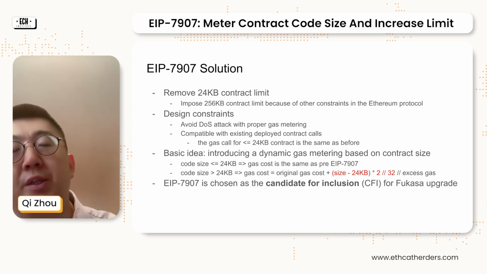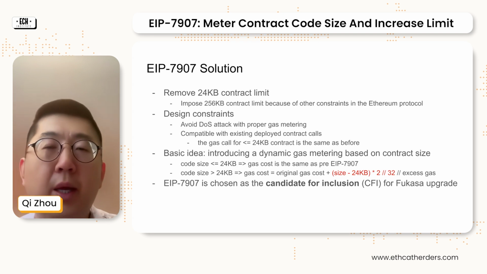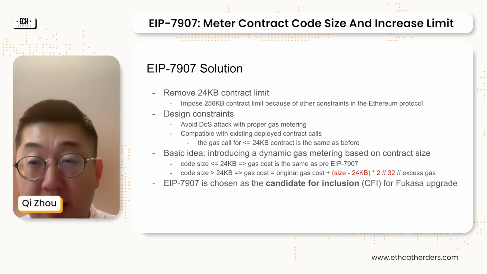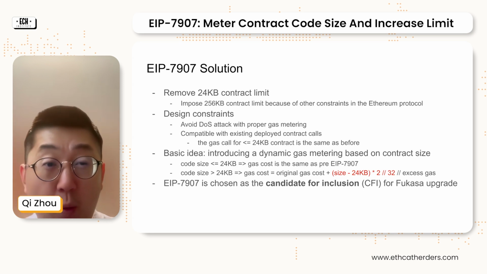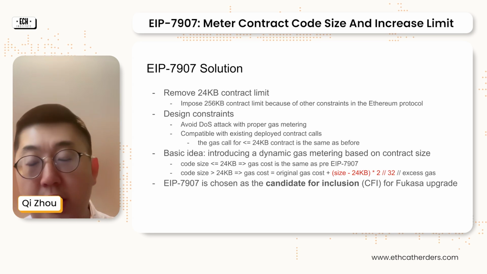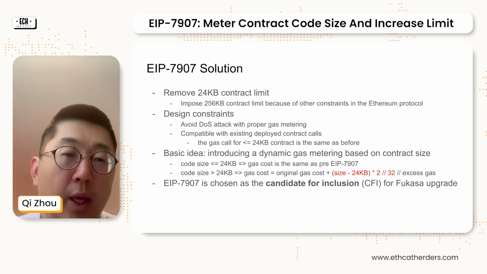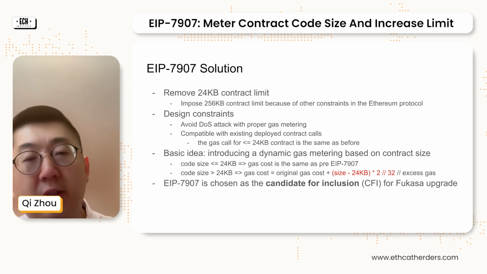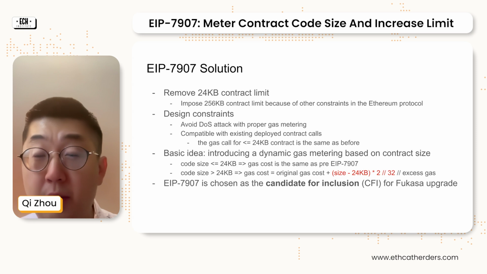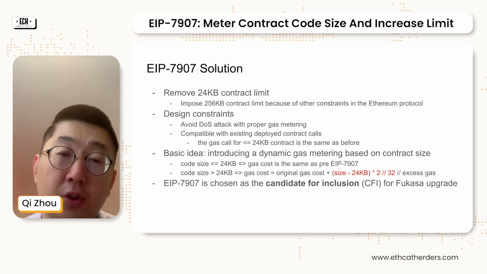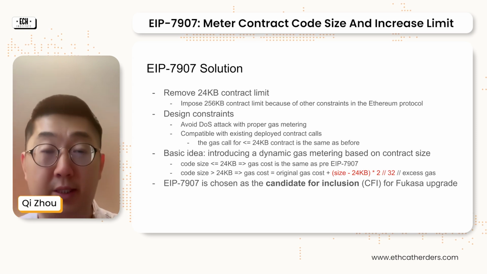The reason we impose these limits rather than unlimited is that we found other constraints in the Ethereum protocol. For example, in the P2P network, when a contract is sent to another node, according to the existing P2P protocol design it is sent as a whole in a single packet. Unfortunately, the packet size is limited.